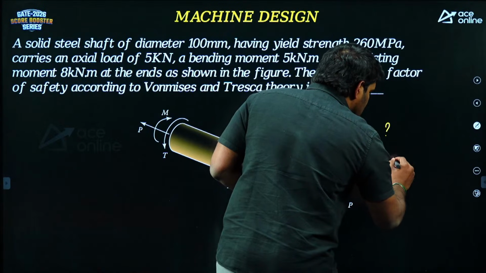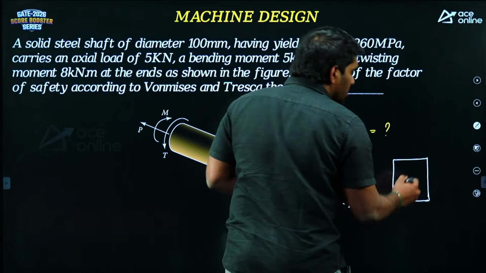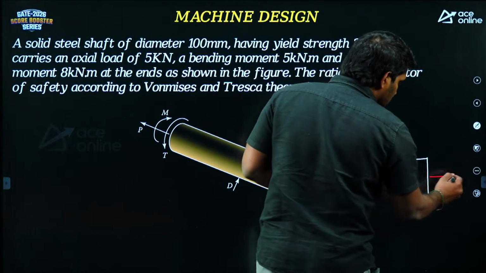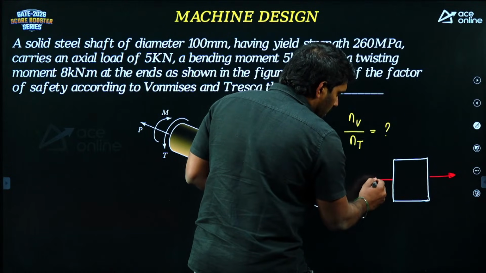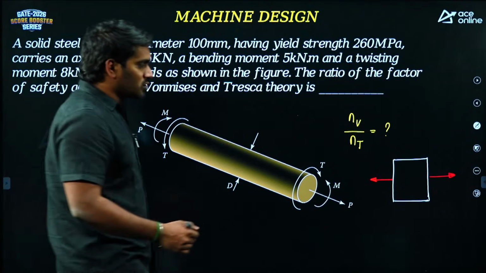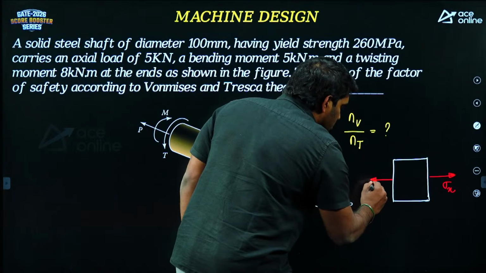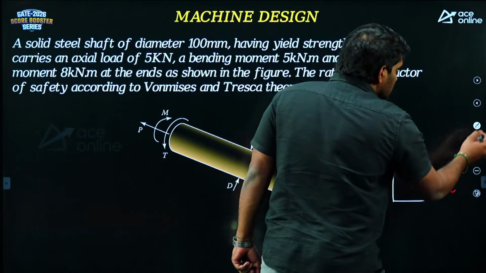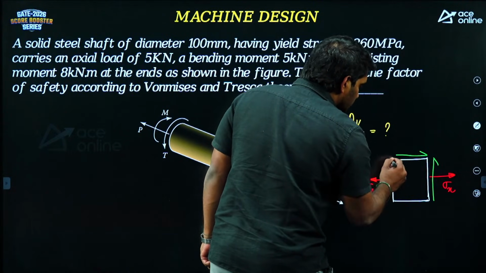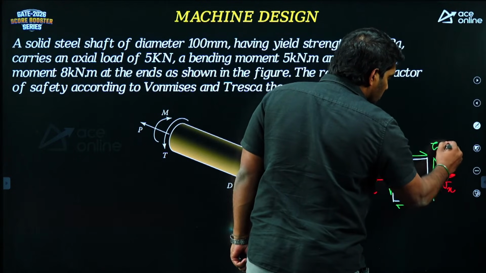The particle is subjected to normal stress as well as shear stress. The normal stress is due to axial load as well as bending moment, represented as sigma x, and we need to find its magnitude. It is also subjected to shear stress, tau xy.